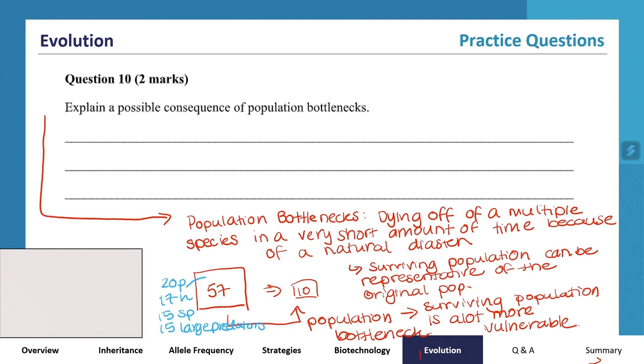Let's say in the surviving population, we could have had one producer, three herbivores, three small predators, and three higher order predators. Or we could have had 10 higher order predators as the remaining population after this natural disaster.